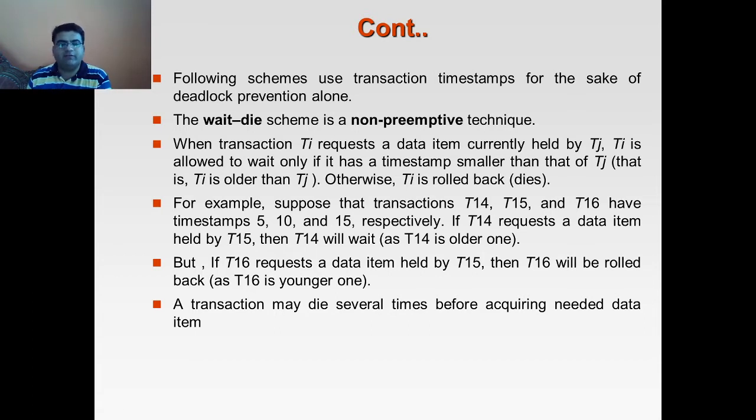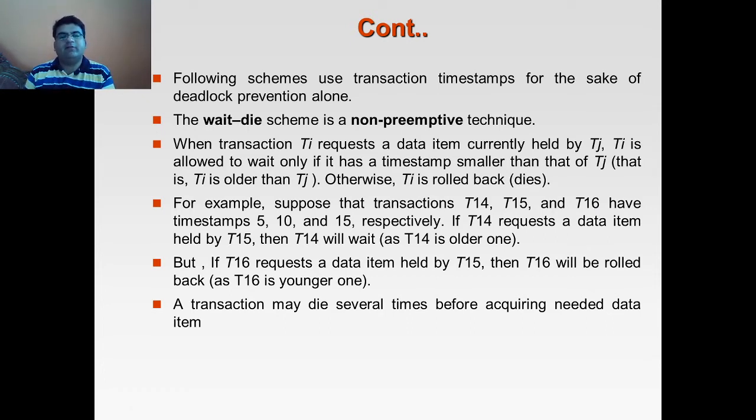Very first we need to assign a timestamp to all the transactions. Any value can be assigned as a timestamp, but keeping in mind that if we have certain transactions in a schedule, the timestamps must follow their order of occurrence. Let's suppose a schedule has three transactions, T14, T15, T16.